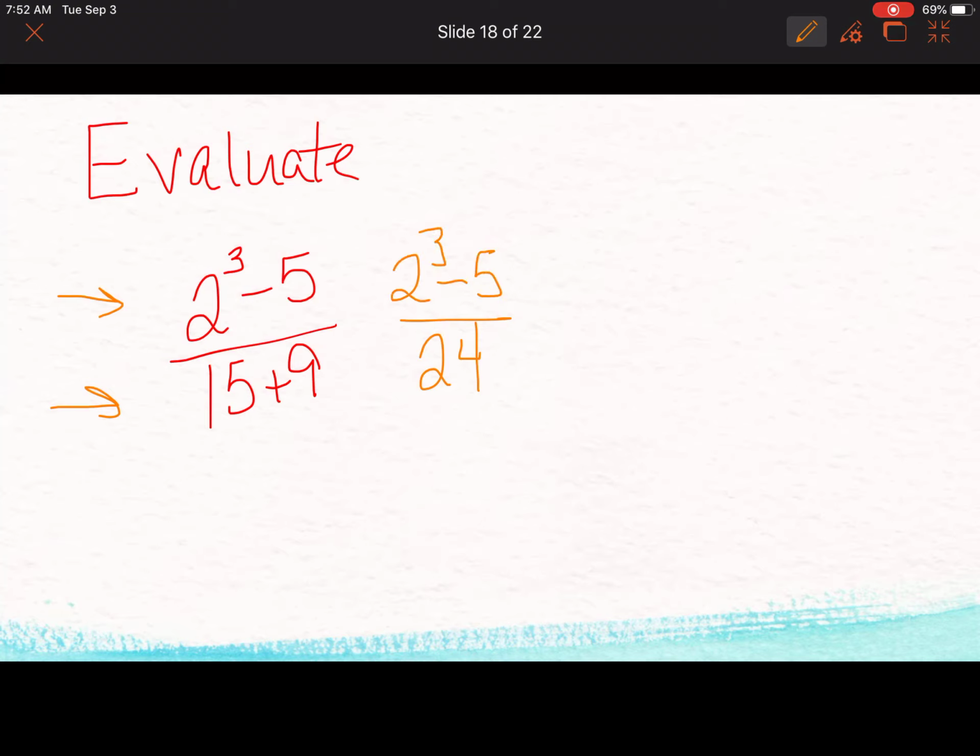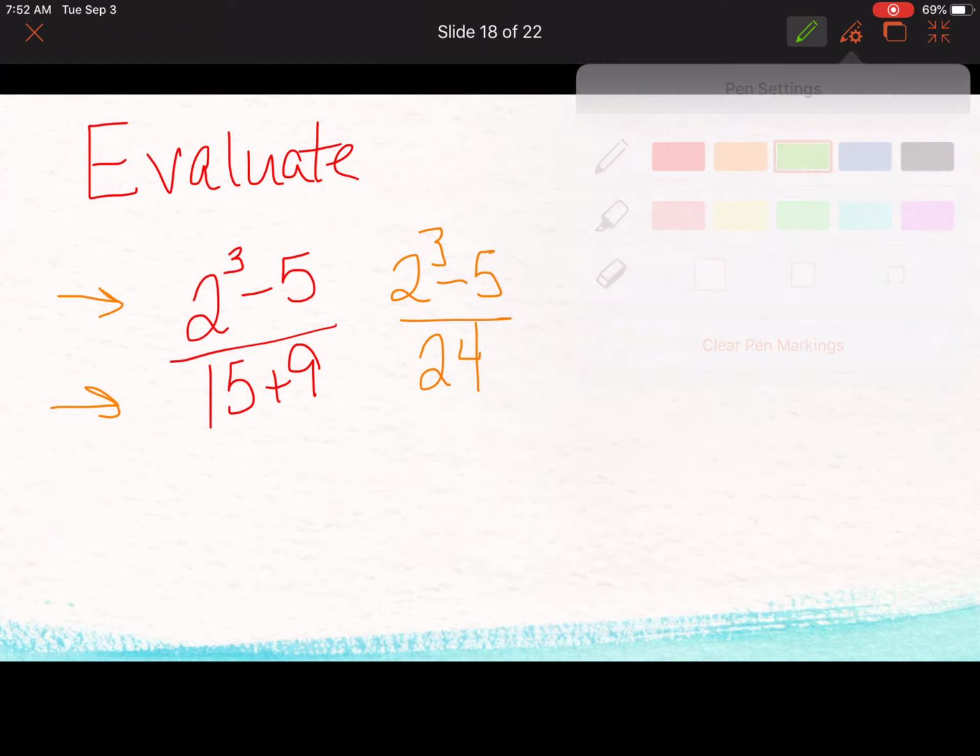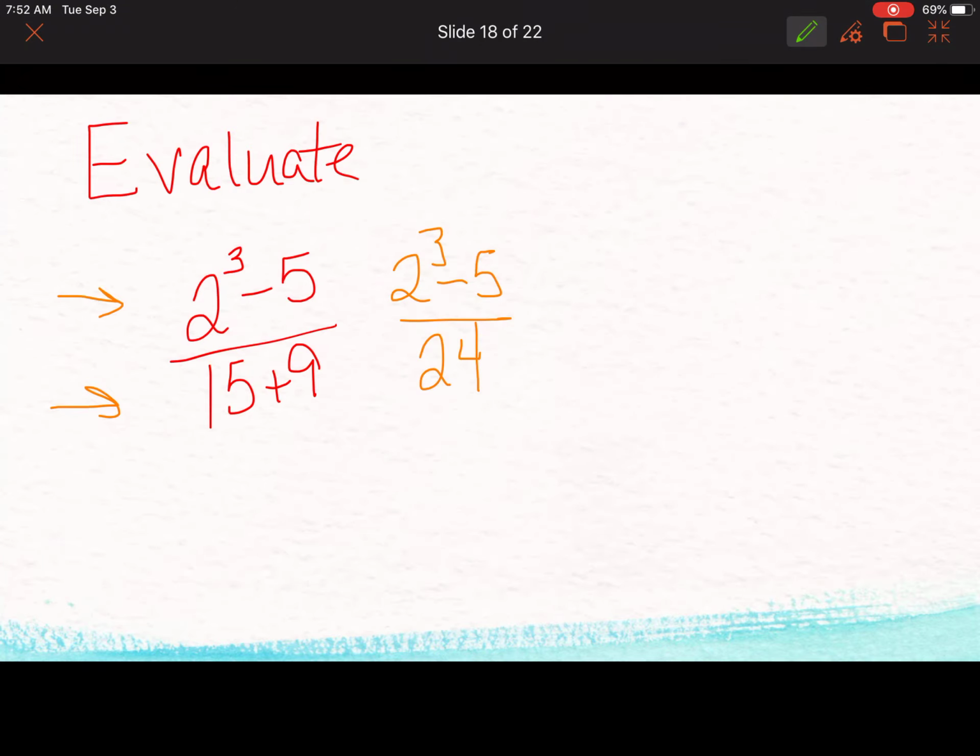So within this top grouping symbol, I have an exponent, so that would be my next step. So I'm going to take 2 to the third, which remember, 2 to the third is 2 times 2 times 2, which is 4, 4 times 2 is 8. So I have 8 minus 5 on top, all over 24.